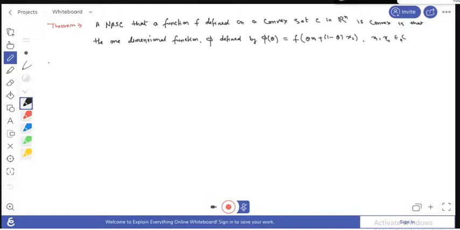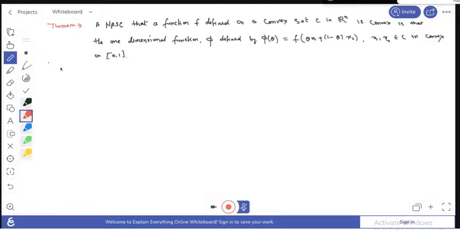Or either you take x and y or x1, x2 belongs to C. Okay, is convex. This function is defined by this formula. This is convex on the closed interval 0, 1.